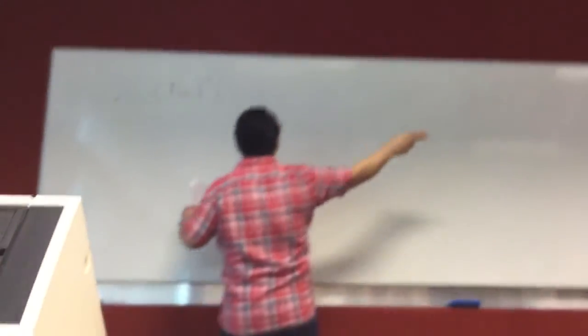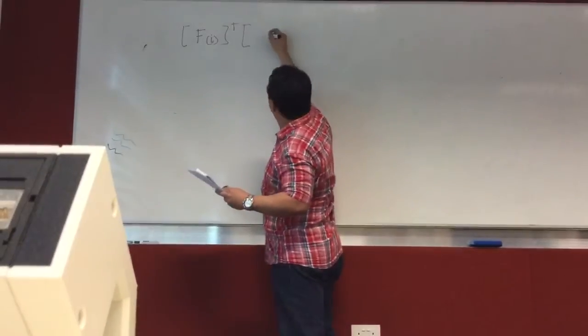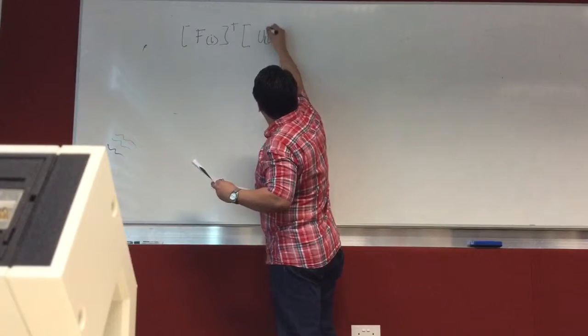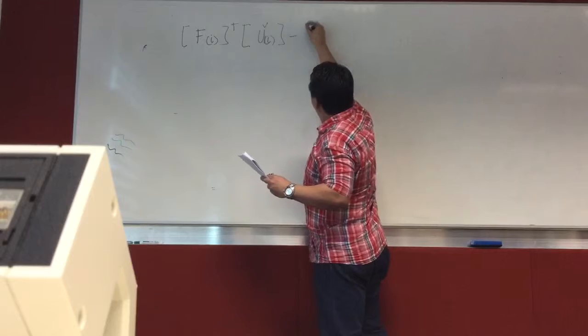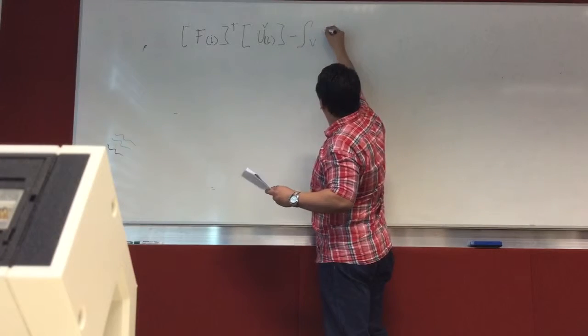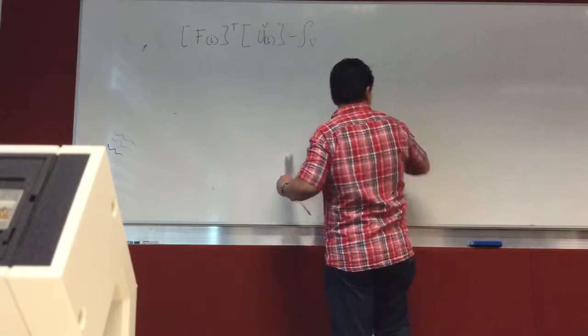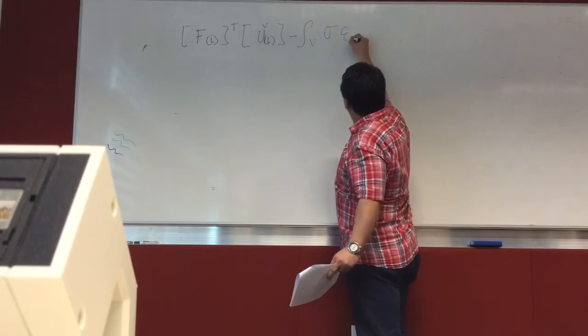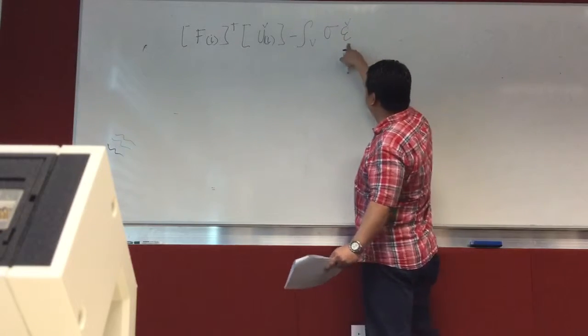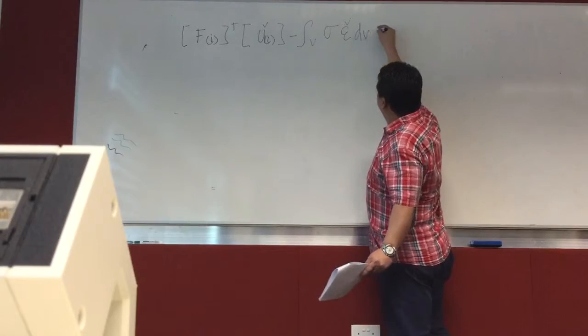I'm going back to that virtual analogy there, ui virtual, this now is equal to minus the volume integral of your stress, virtual strain, dV equal to 0.